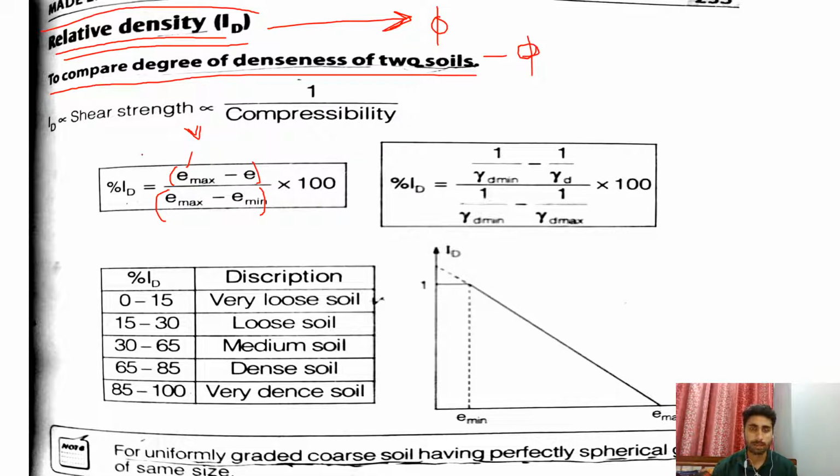Its value can range from 0 to 100%, and as you can see, as the relative density value is increasing, the density of soil increases. 0 to 15% we have very loose soil, then 15 to 30 loose soil, and so on. We have increasing density as we go higher in number.